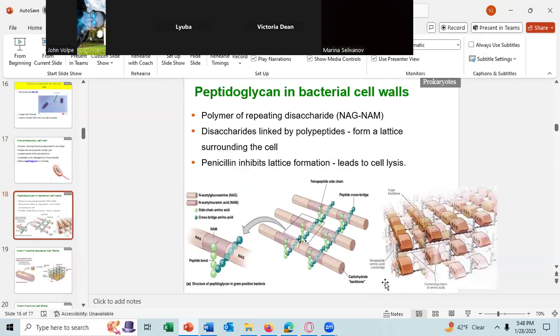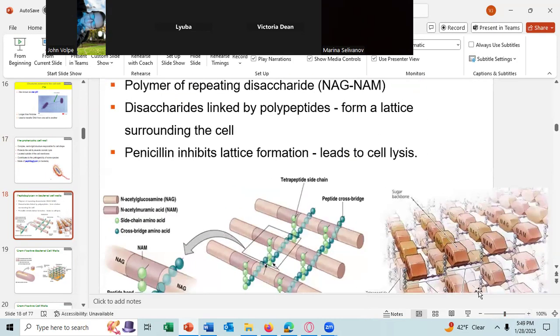Peptidoglycan is a polymer of a repeating disaccharide. The two sugars which repeat to make the peptidoglycan are NAG and NAM. NAG stands for N-acetylglucosamine, and NAM for N-acetylmuramic acid.